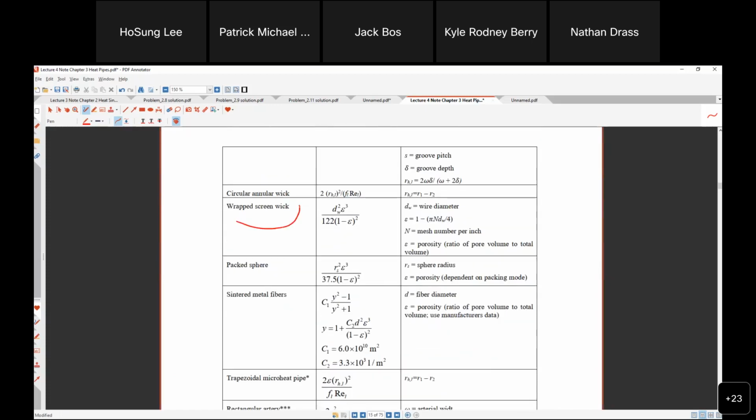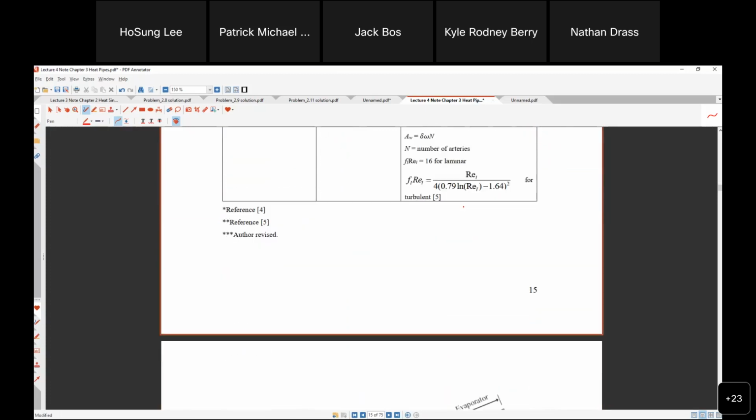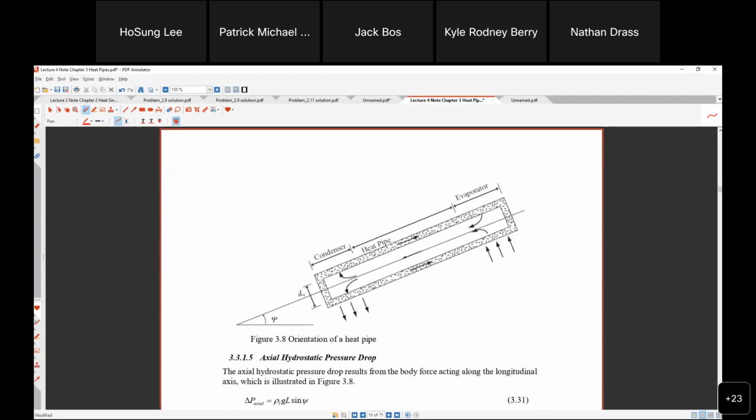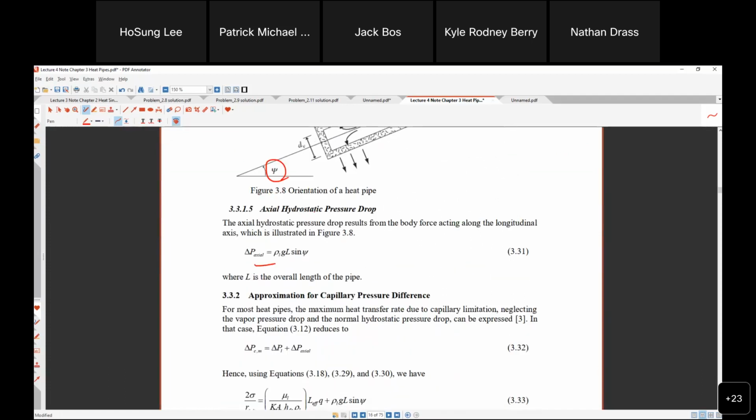There are many types, but sometimes we just focus on calculation. Wrapped screen, something, so that's the wire. This is assuming wire, critical radius. Again, this is orientation, P, and actual. Look at that, L, G, and sine phi.